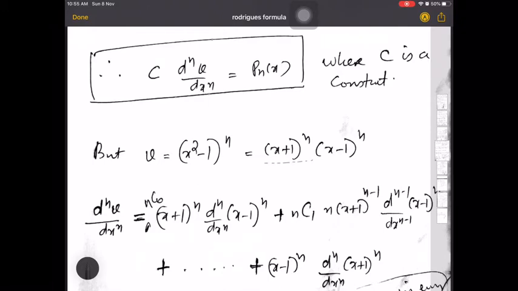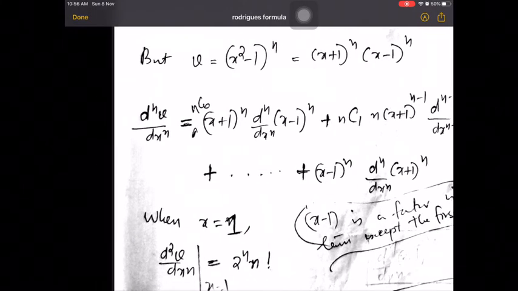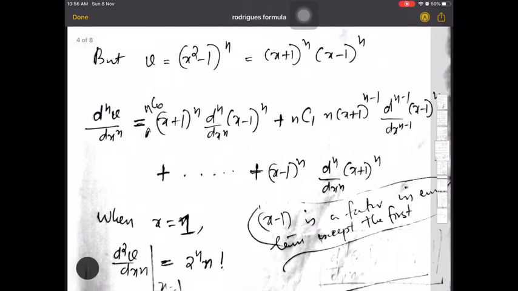Okay, this is kept like this, and this nth derivative is taken, then nc1, as you take the derivative, n, x plus 1 to the power n minus 1, and here we have d raised to n minus 1 by dx raised to n minus 1, x minus 1 to the power n, the n minus 1th derivative of x minus 1 to the power n. Okay, and the last term will be this.